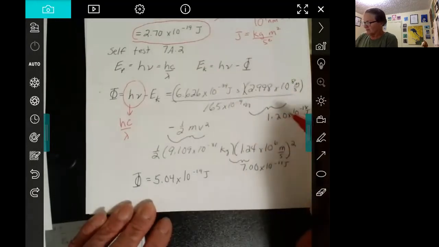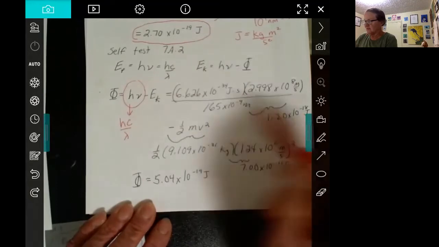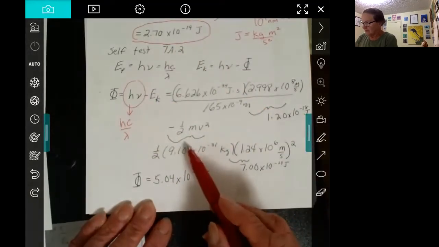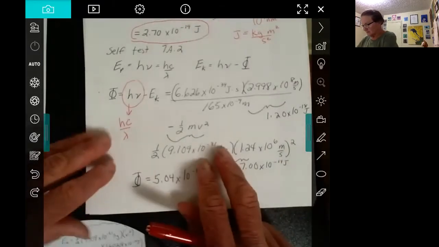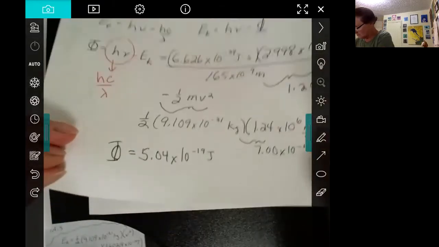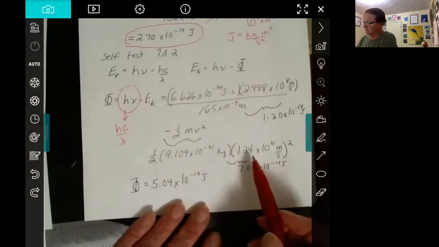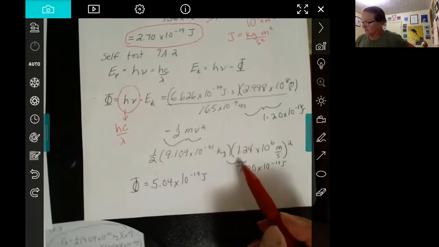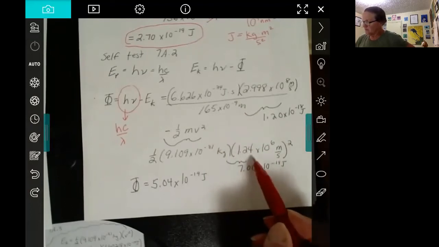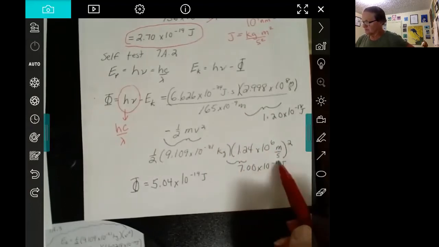When I calculate this first term, that's the energy of the photon. And it tells us the kinetic energy, or does it tell us the velocity? It tells us the speed. It told us that the electrons leave the surface at this wavelength with a velocity of 1.24 times 10 to the 6 meters per second.